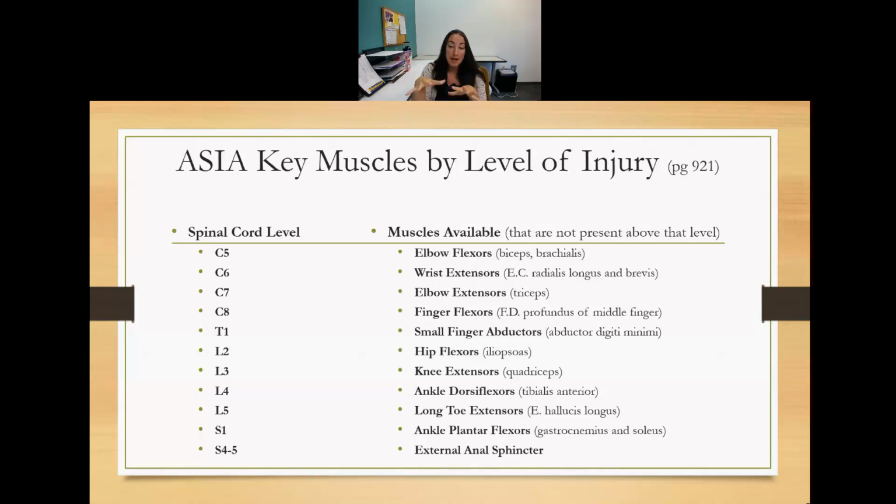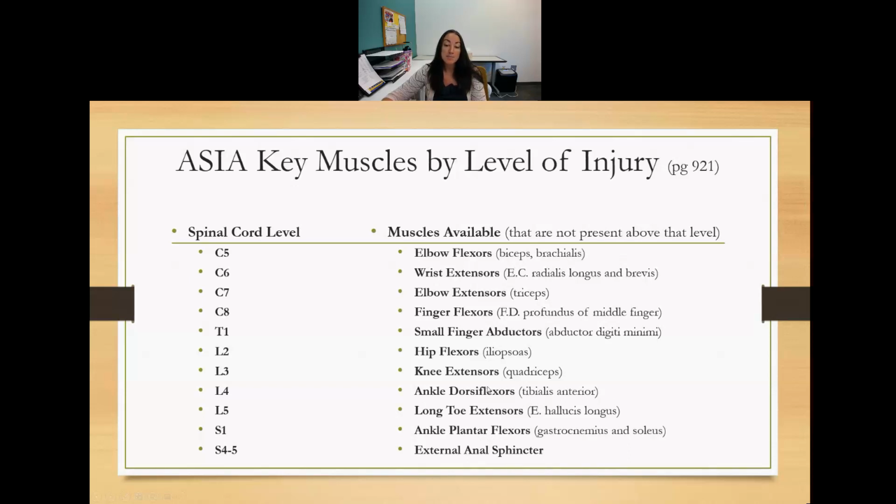And then once we're getting down to the lumbar, we're talking about the legs. So L2, hip flexors. L3, knee extensors. L4, ankle dorsiflexors. L5, long toe extensors. S1, ankle plantar flexors. And then S4 and 5, external anal sphincter.